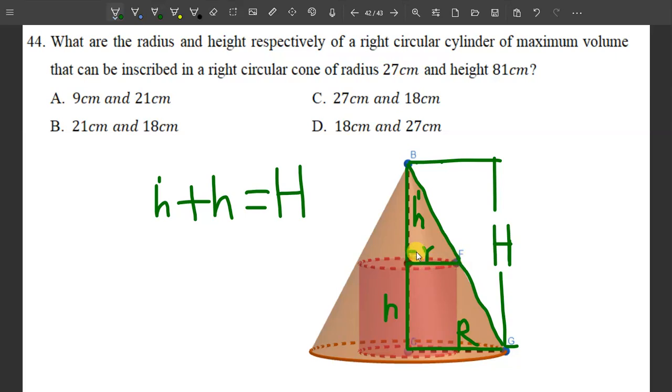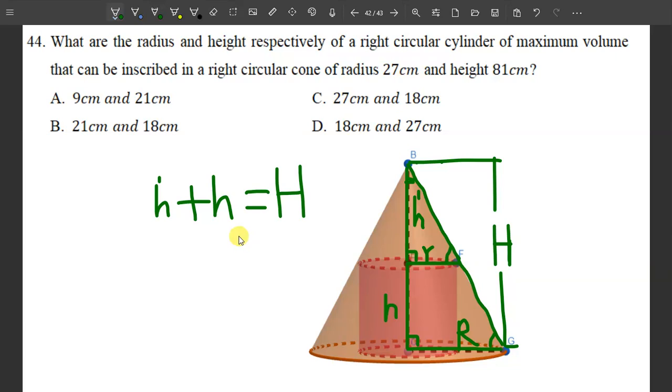These are two right angle triangles with corresponding angles. This angle is congruent to this angle, and they also have a common angle here, and therefore by angle similarity, this smaller triangle and the bigger triangle are similar. By definition, if two triangles are similar, then the ratio of their corresponding sides must be proportional.